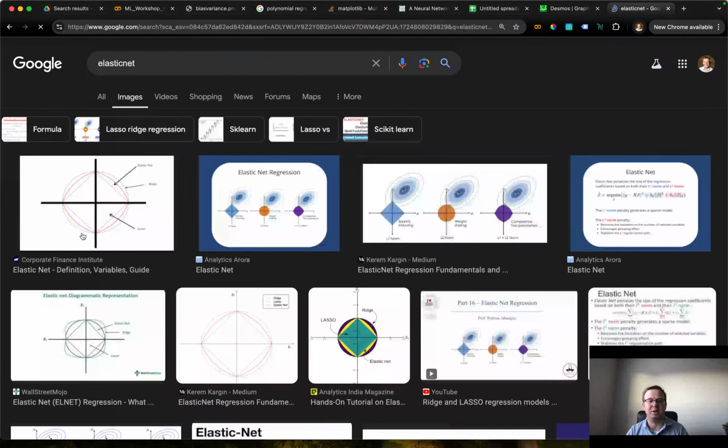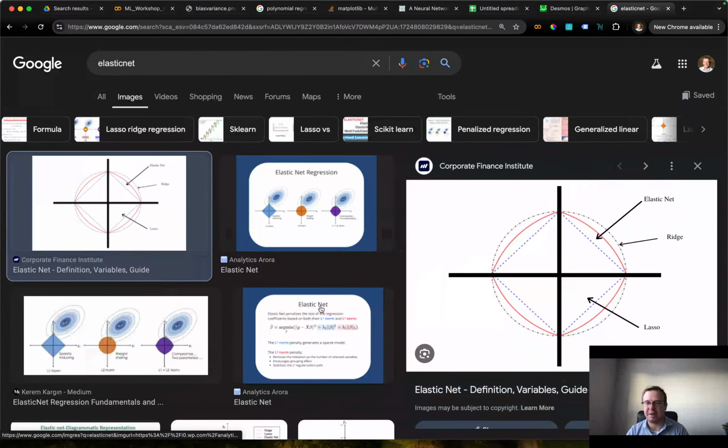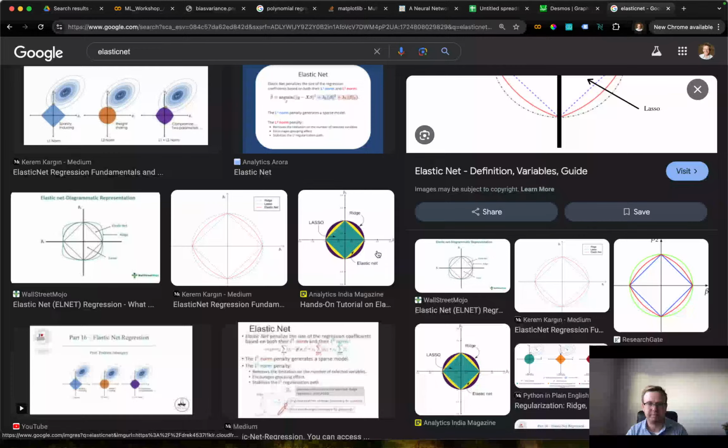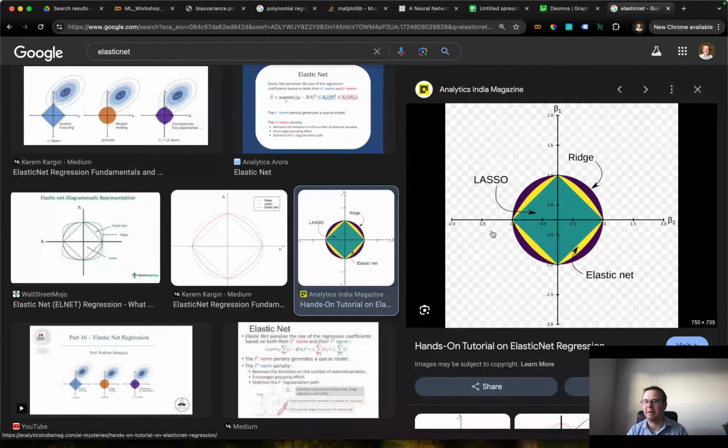Okay, so you'll see it's somewhere in between the L1 norm and the L2 norm, and it's kind of this round yet pointy shape all at the same time. L2 is the circle, L1 is the diamond, L1.5 is that weird yellow shape that's in between the two, called elastic net.